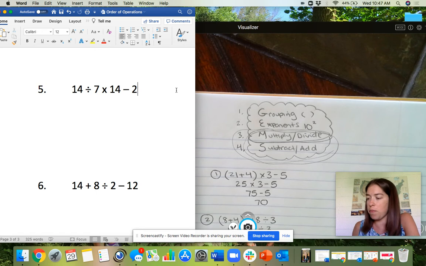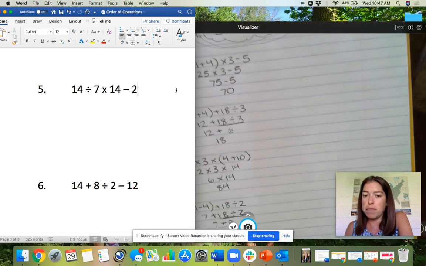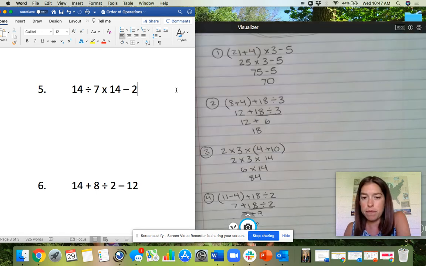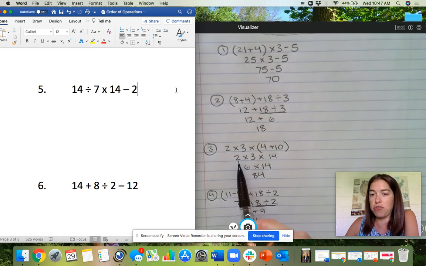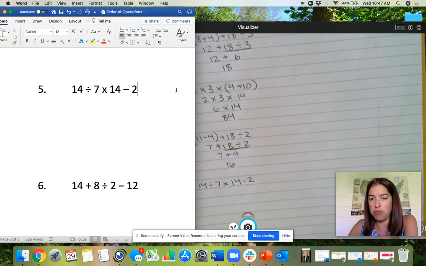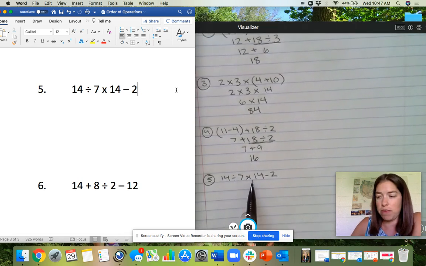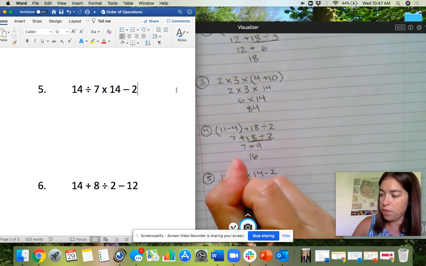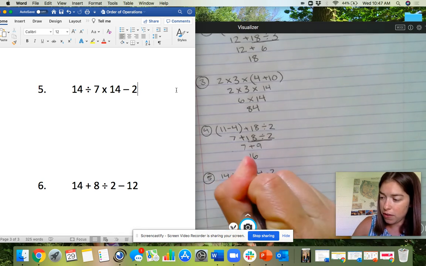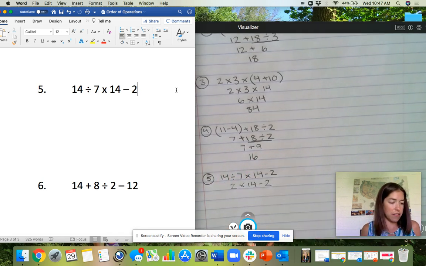I'm just going to go from left to right, kind of like I did here on problem number 3. When I had 2 multiplications, I just went from left to right. So same thing for number 5 right here. I'm just going to go from left to right with my division and my multiplication. 14 divided by 7 is 2. I'm going to copy the rest of my problem exactly as it is written.